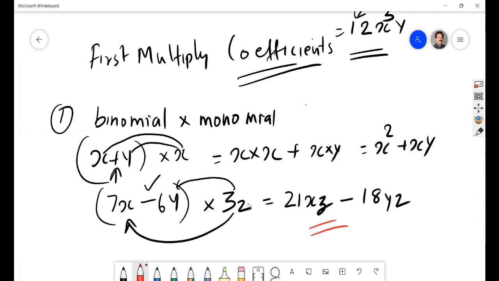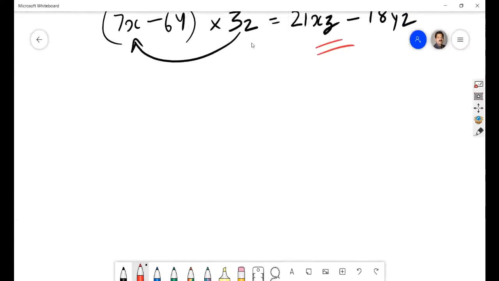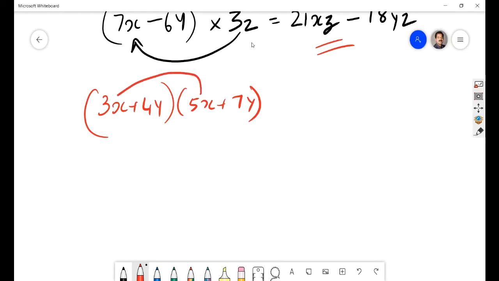But sometimes there are two binomials. It can be like 3x plus 4y multiplied by 5x plus 7y, etc. Both are binomials. As in the previous case, we are supposed to multiply with 5x both these, which is just like multiplying a binomial with a monomial, then again with this.